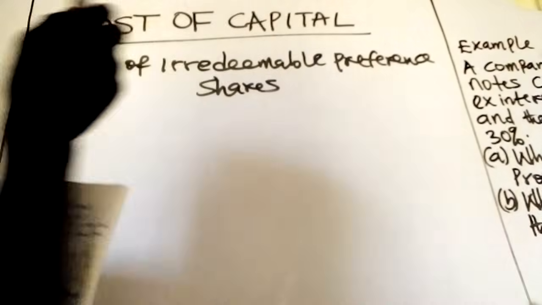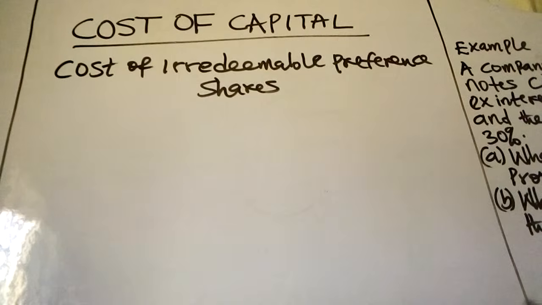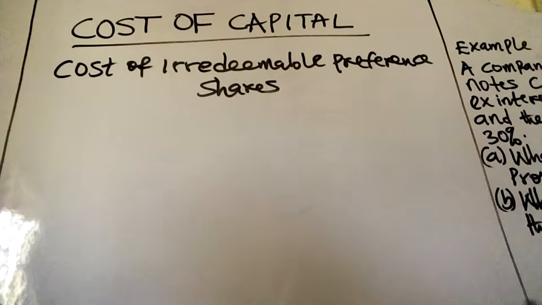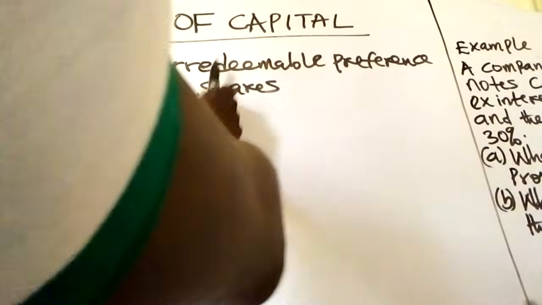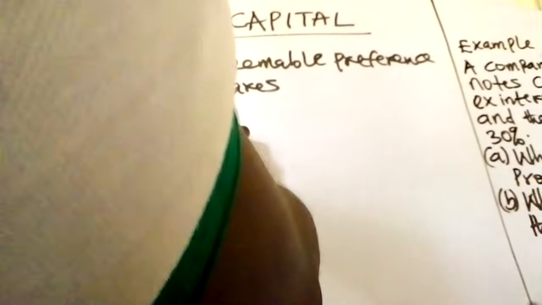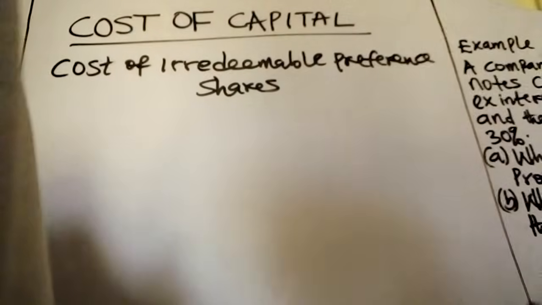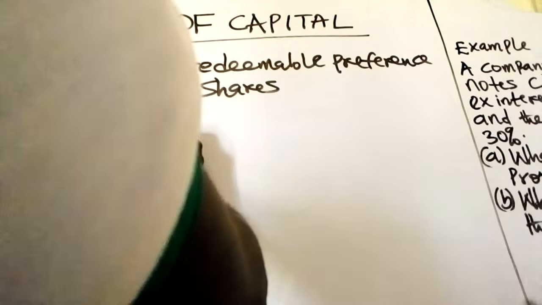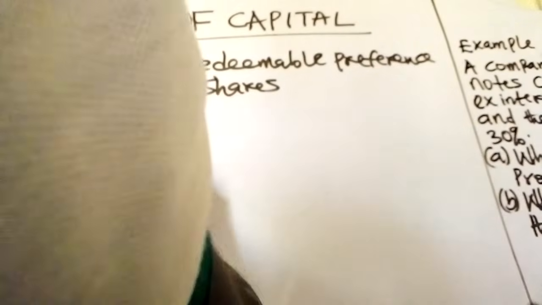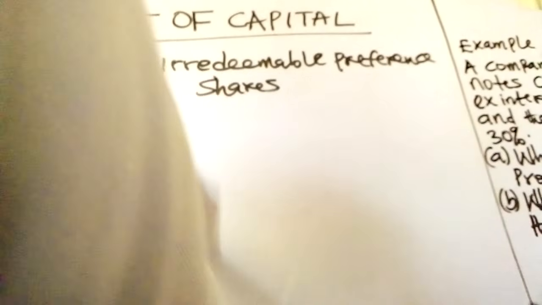Cost of irredeemable preference shares is the minimum rate of return required by preference shareholders in order to maintain their existing market price. The minimum required rate of return by preference shareholders in order to maintain their existing market price is said to be the cost of preference shares.